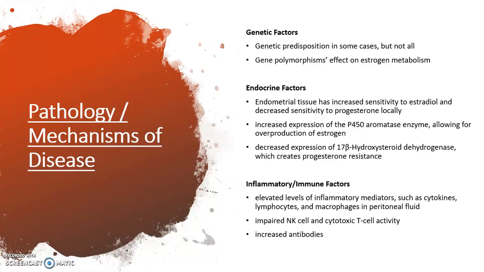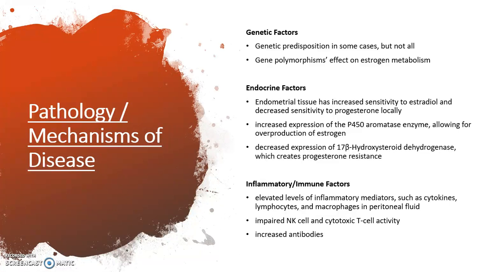And finally, the inflammatory and immune factors. Women with endometriosis are known to have elevated levels of inflammatory mediators, such as cytokines, lymphocytes, and macrophages in their peritoneal fluid. Further, they have immune alterations such as decreased T cell reactivity and impaired natural killer cell function.